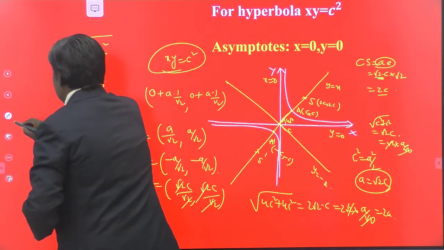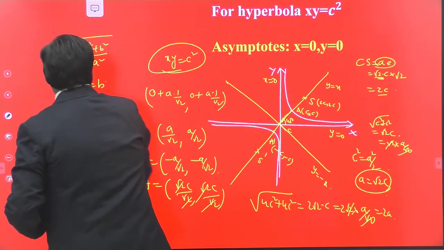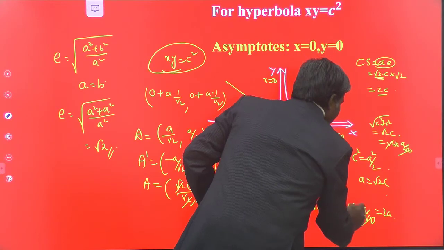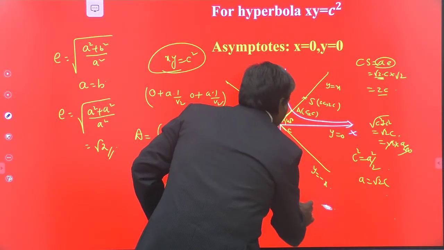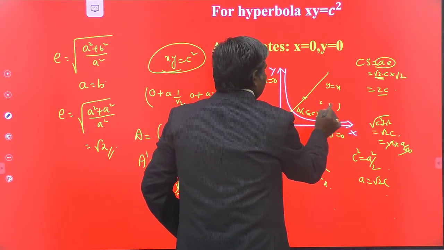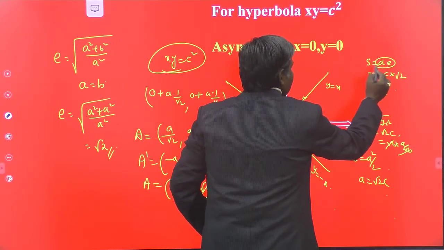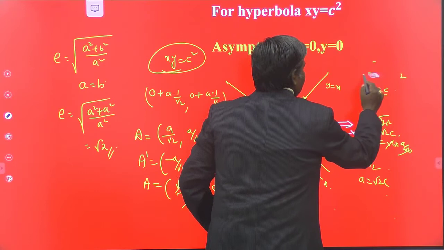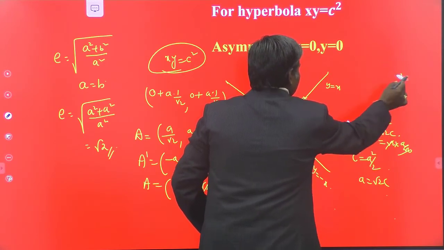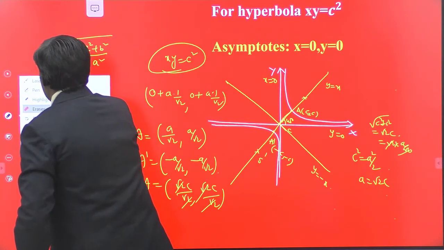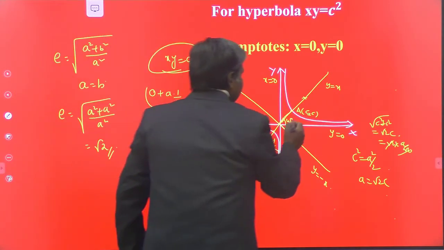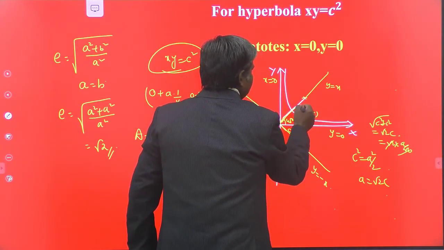Now let us just erase this one. So the distance from C to S, all of you know, is what? 2c from that calculation. After getting the 2c, the distance from here to here is 2c.